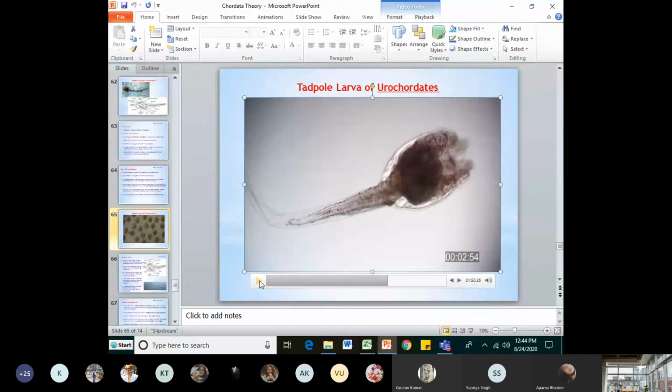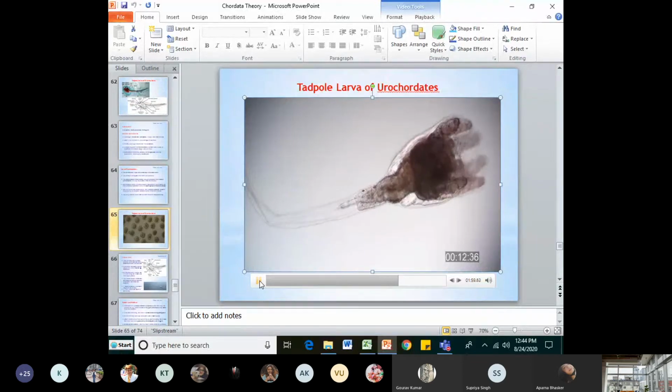We will be talking about them in the later slides, but these advanced characteristics are being lost, and these advanced organs are being absorbed by the body of the larva, and the larva is transforming, it is taking a different shape. This happens because of the molecular changes taking place in the body of the larva.